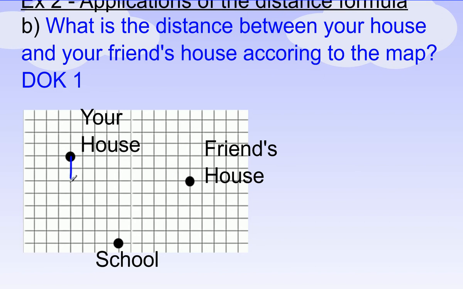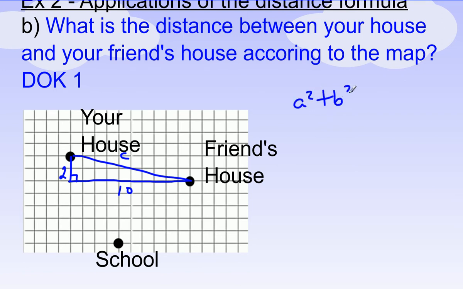This is 2 units this way. It is 1, 2, 3, 4, 5, 6, 7, 8, 9, 10 units this way. And there's the diagonal distance. And since I know this is a right triangle, I can use Pythagorean Theorem.